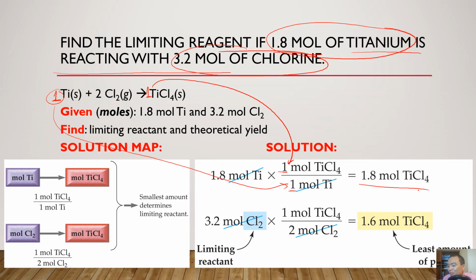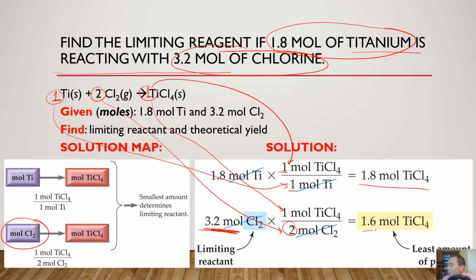Then you base this calculation on the number of moles of chlorine. So you're given 3.2 moles of chlorine, and you do know 1 mole of titanium is related to 2 moles of chlorine. So that's how you can set this up correctly and make sure the moles of chlorine cancel out.